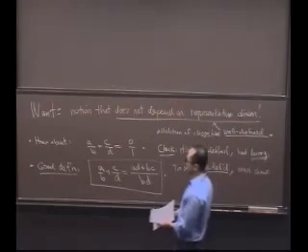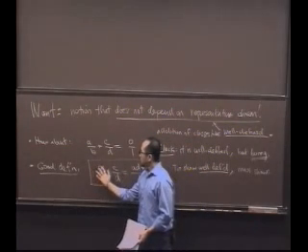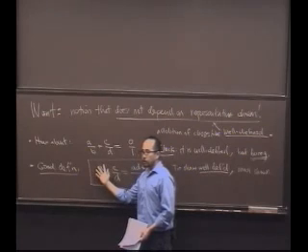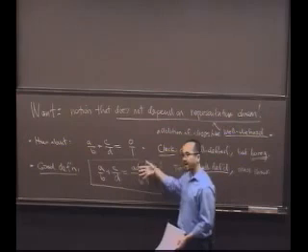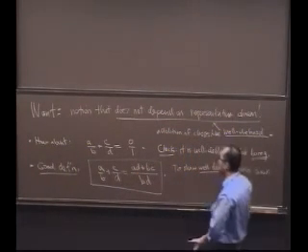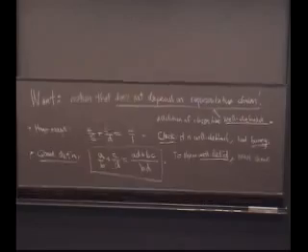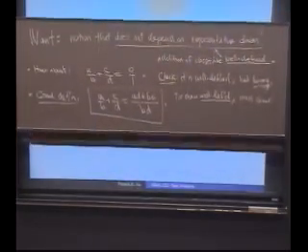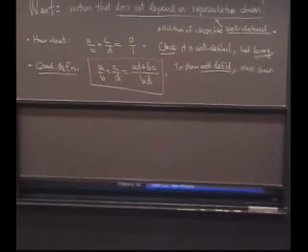There are several classes we're talking about, so I might change the representative here, and I might change the representative here as well. And I want to know, is the answer going to be in the same equivalence class when I do that? So how do I say that mathematically? Here's what you want to verify on your homework.